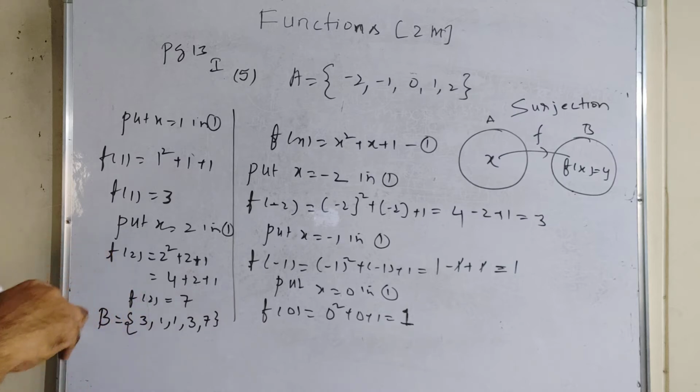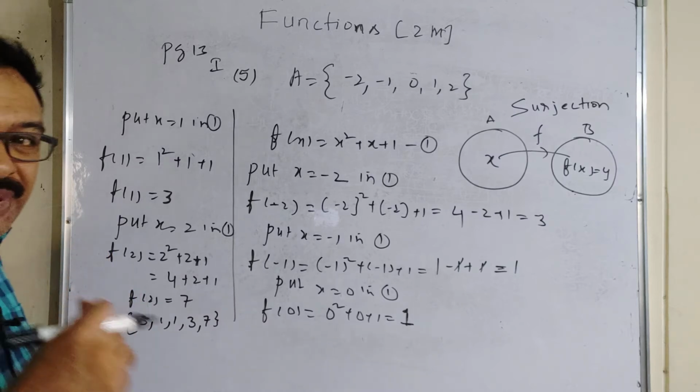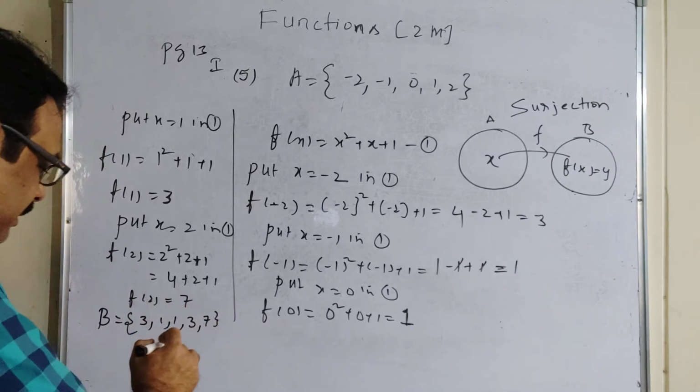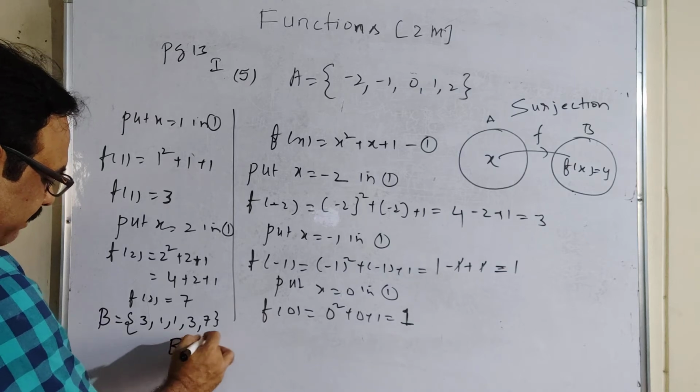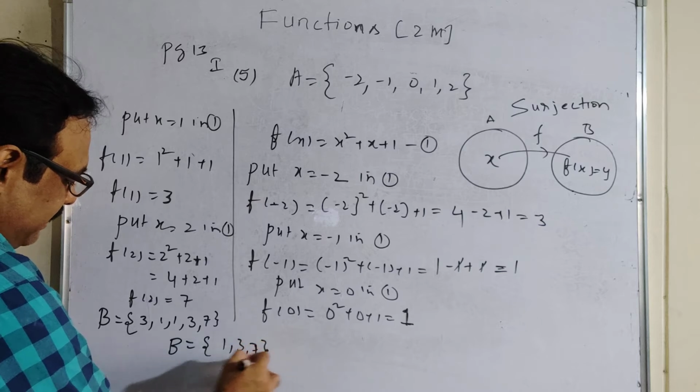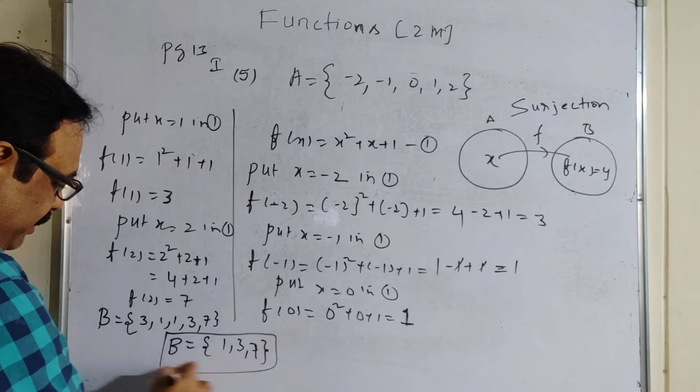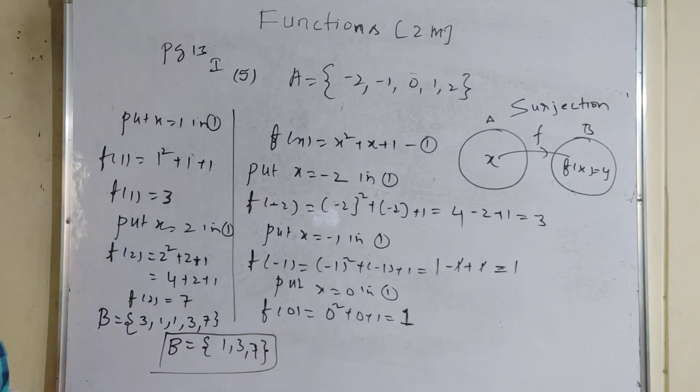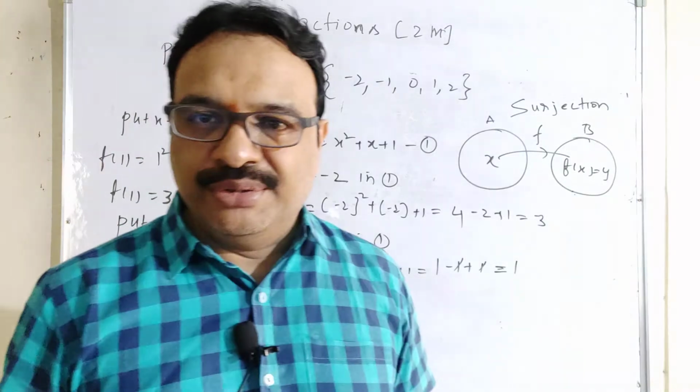But as I observe, in a set, repeated elements can't be taken into consideration. Simply you write B = {1, 3, 7}, and that is the answer which you need to give. I think hopefully you understood this scenario.